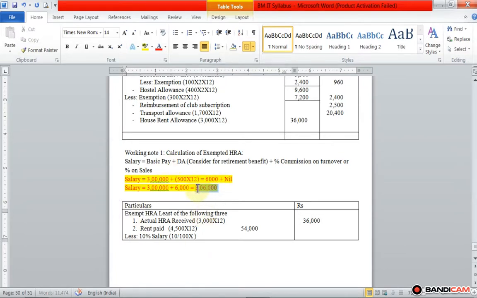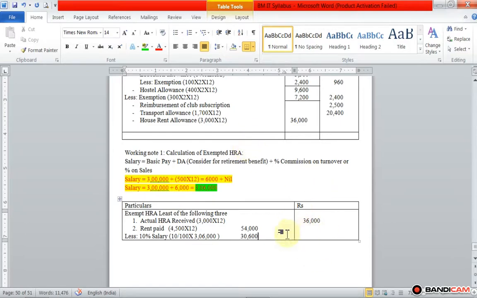The salary we compute here is rupees 3,06,000. So 10% on 3,06,000 means 30,600 is deducted from 54,000.